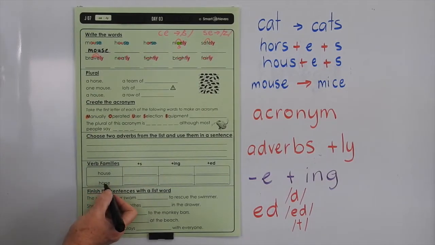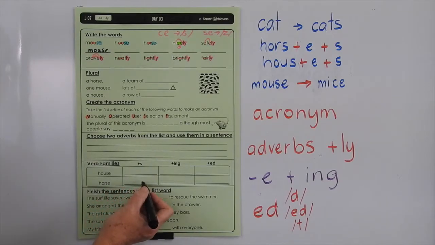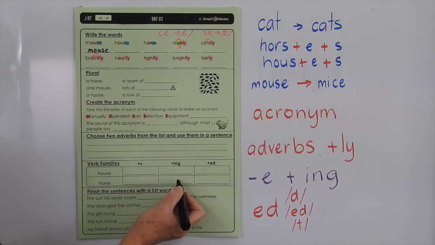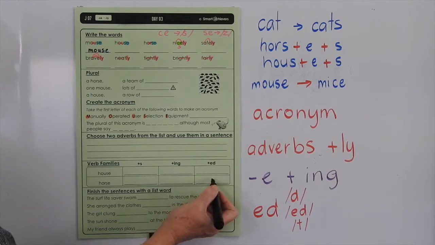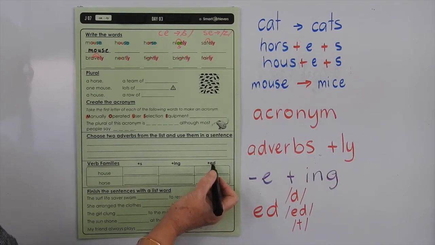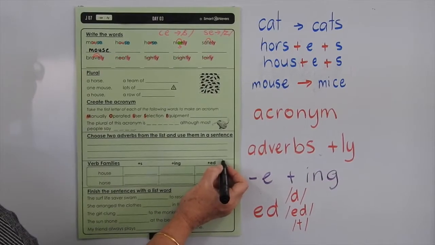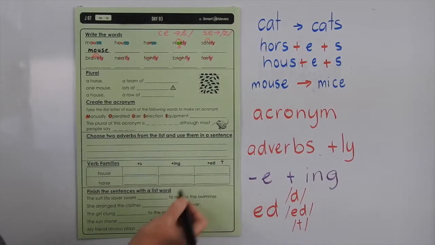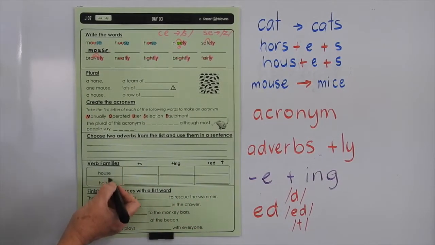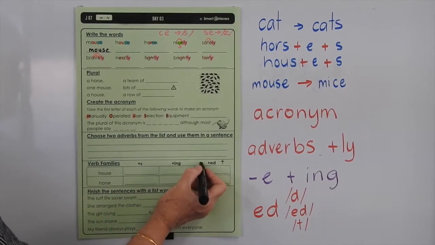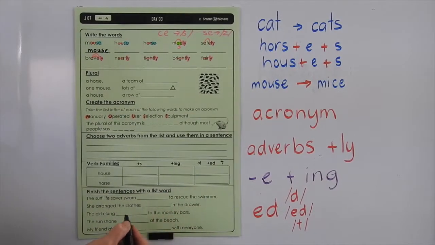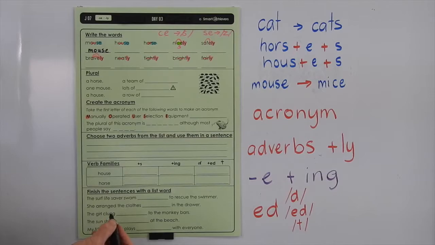So it would be, he often horses around, oh, he's horsing around again, or yesterday he horsed around a lot. Now when you use it as horsed, as past tense, you can hear it's making a bit of a t sound, horsed, but you know to write the ed there. Now because the e is already there, remember you're really only adding a d. You don't have to add another e.